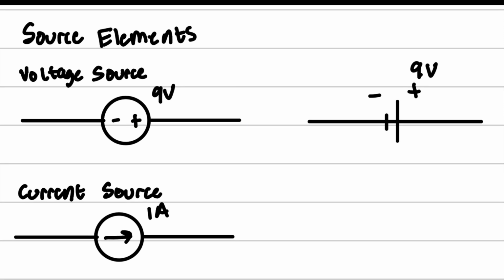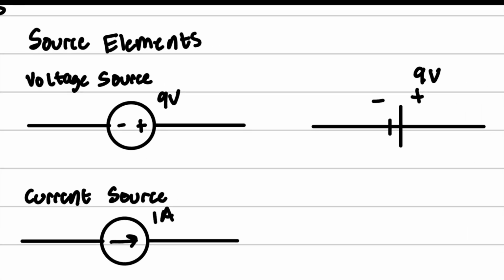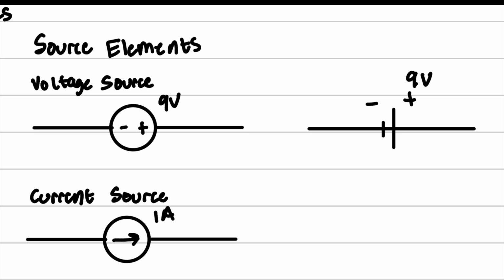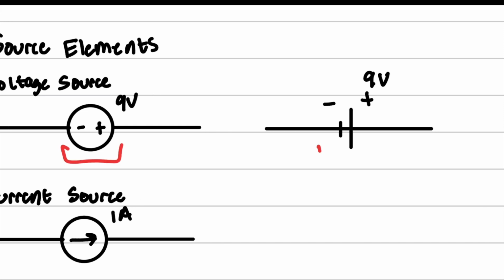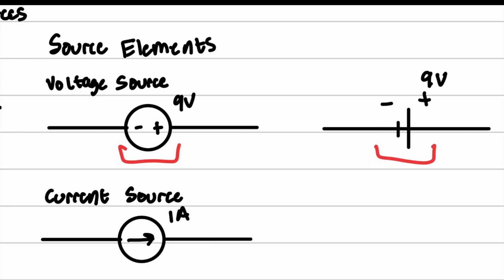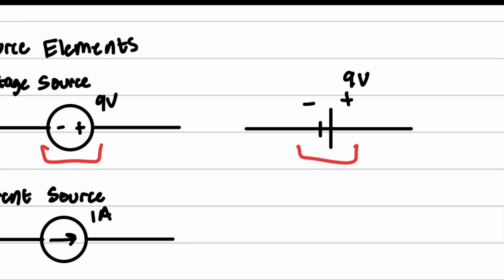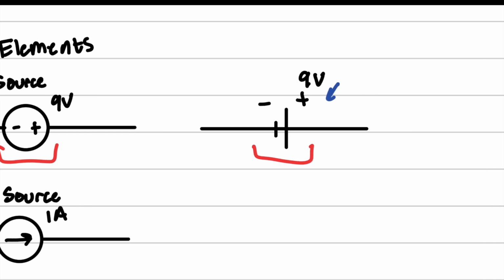So a voltage source is something like a battery, your wall plug, an outlet. And as you can see here, there are two kinds of voltage sources, and this one right here is most commonly used for a battery or something like that.